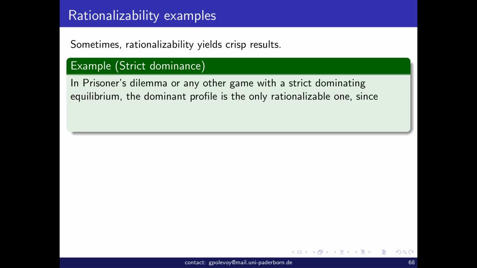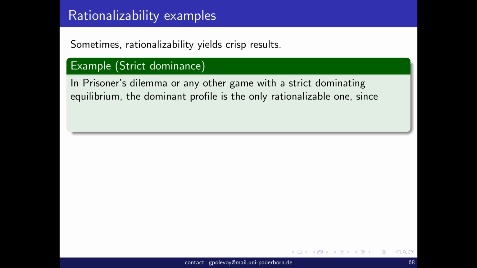So now let us look at some examples, because these definitions are quite messy, not hard but messy, and that's their hardness, you could say. Sometimes rationalizability yields crisp results despite being quite broad. Sometimes it's strictly broader than Nash equilibrium, but sometimes it yields crisp results.